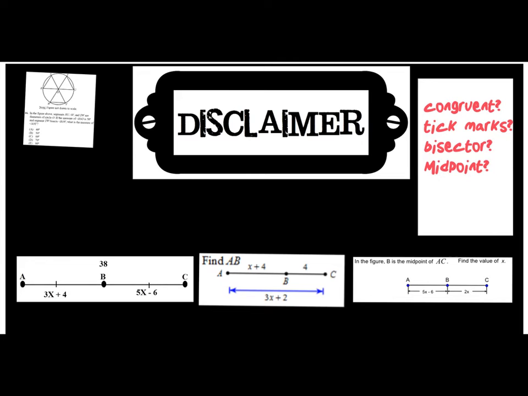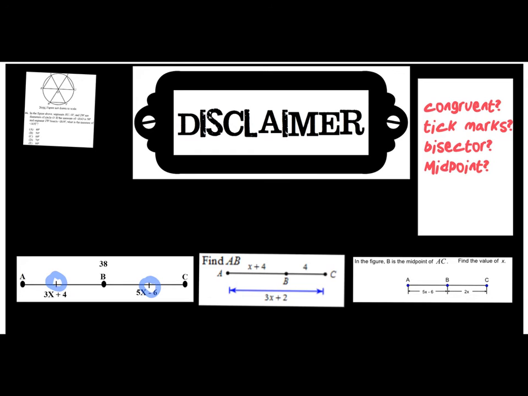Right now what I'd like you to do is look at these three problems on the bottom and determine which ones would be ones where you would take parts and set them equal to each other. Which ones would you set equal to each other? Well, I kind of gave you the first one. I showed you these are congruent marks.